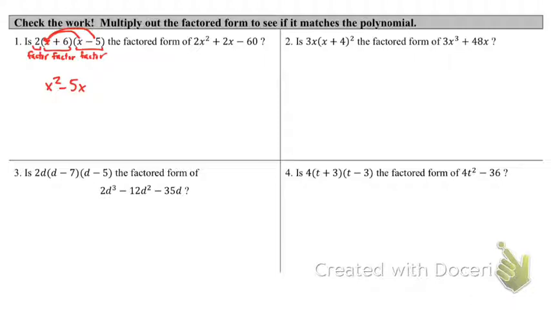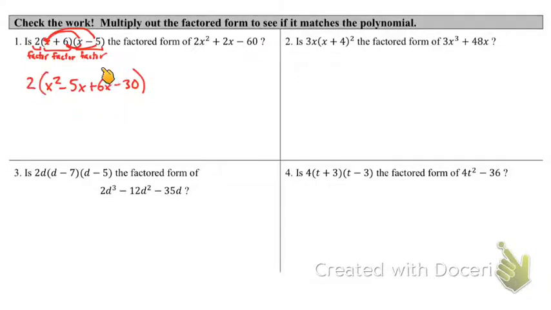Now I'm going to do the same for the second term in our first parentheses. So 6 times x gives me positive 6x. And 6 times negative 5 gives me negative 30. All in parentheses, I still have the 2 in front.